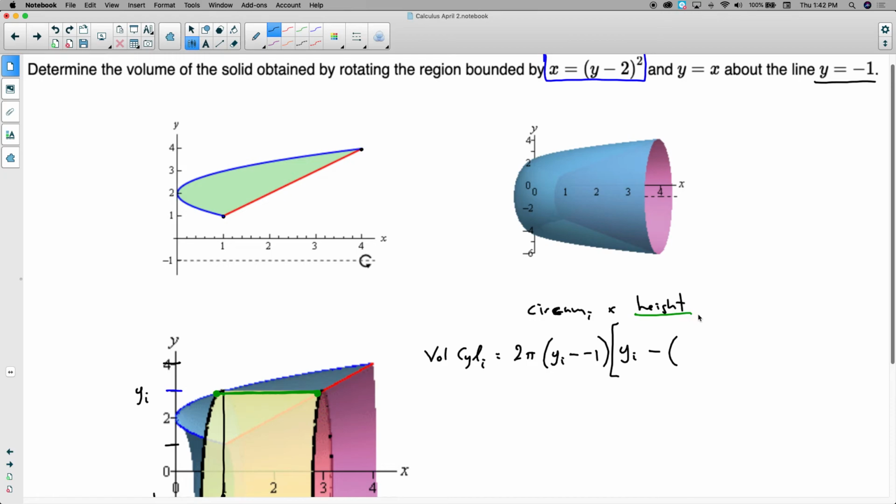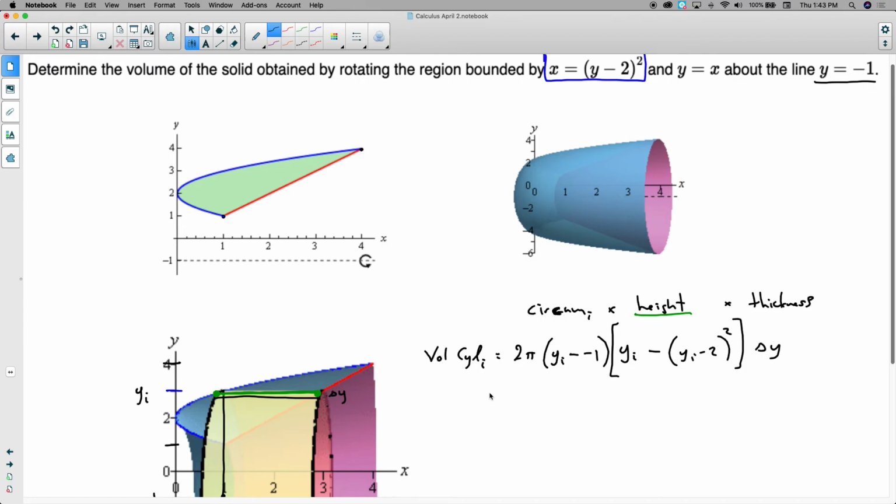So the x sub i value is (y sub i minus 2) squared. And then we have delta y as the thickness. Delta y as the thickness, just making sure you're grabbing that. That thickness right there is a change in the y direction. That's delta y.